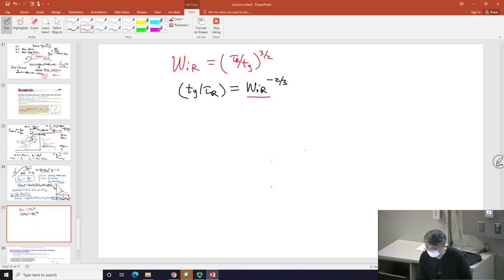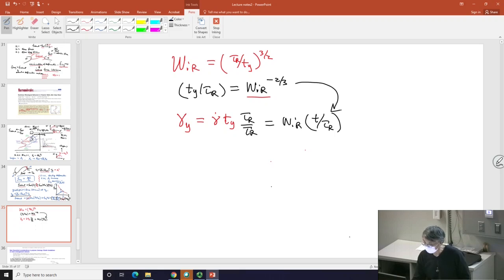With this, you know gamma y is nothing but gamma dot times tau y, and if I multiply a tau r divided by a tau r again, I have Wi r and tau y over tau r. Bring this in here, that's Wi r to the 1/3 power. Amazingly, it just shows up like that.